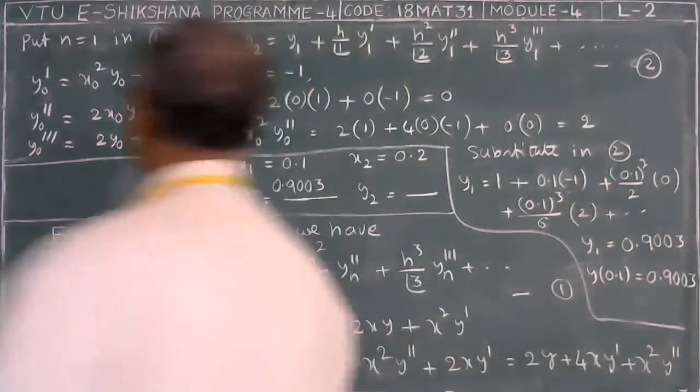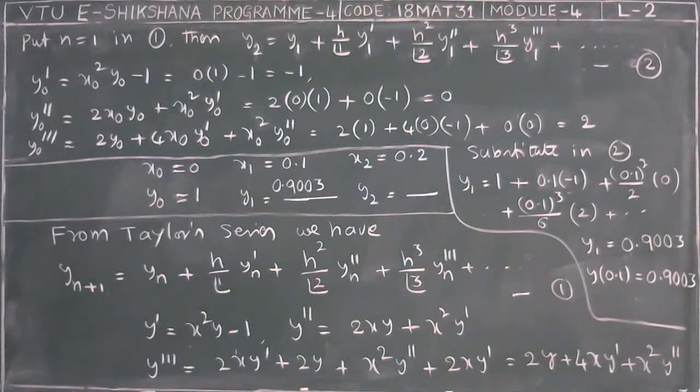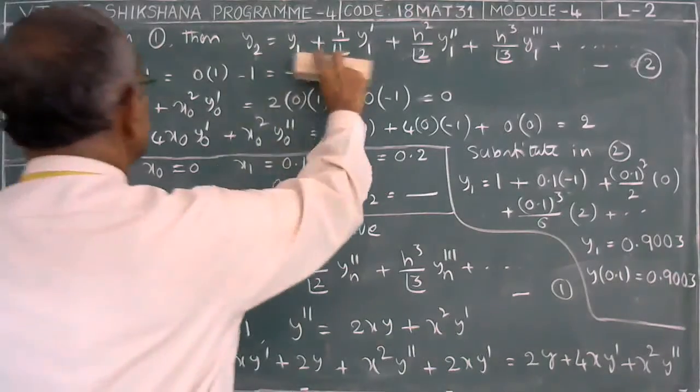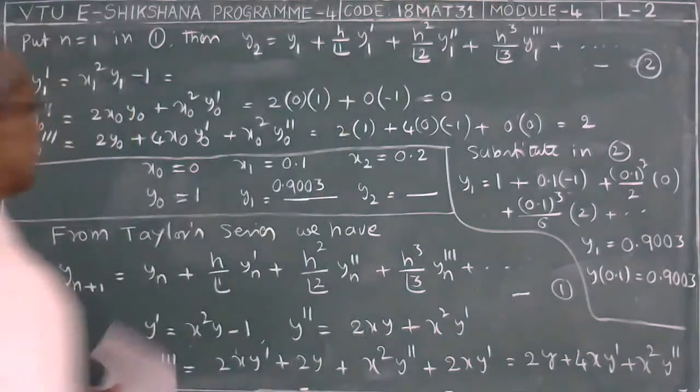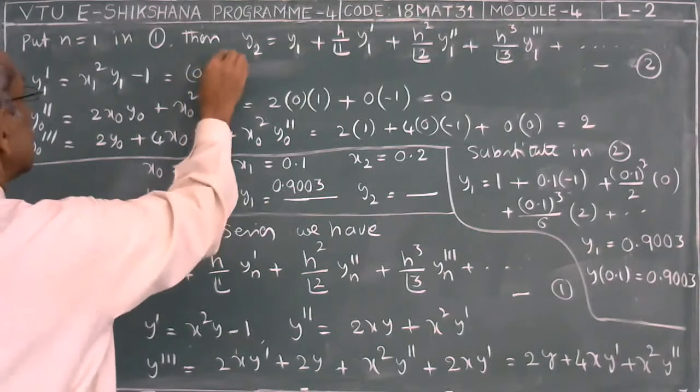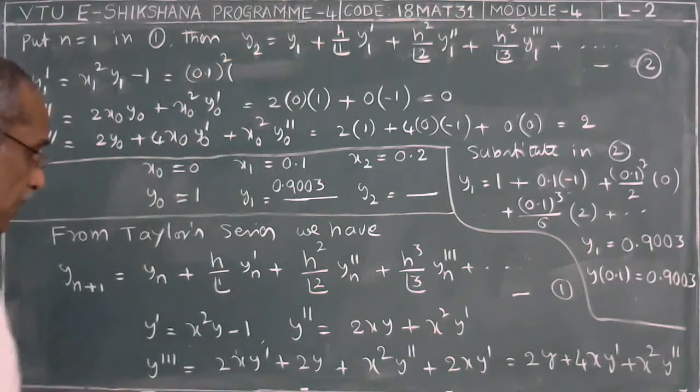Now let us calculate y1 dash, y1 double dash and y1 triple dash. So y1 dash is x1 square into y1 minus 1. So x1 is 0.1. So this is 0.1 whole square into y1.